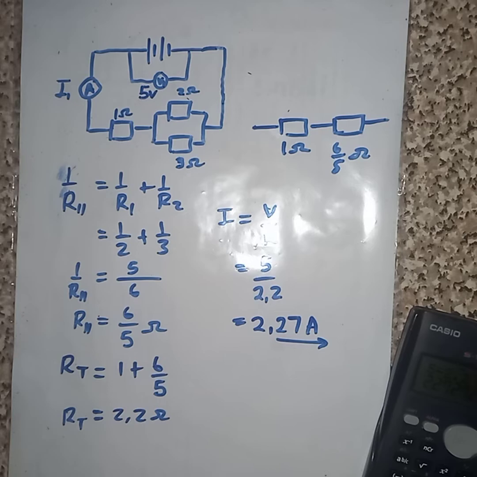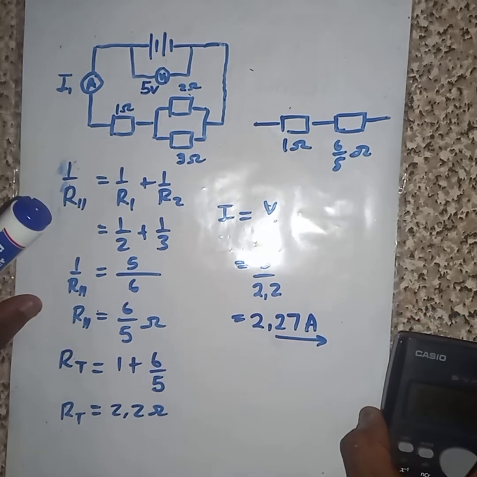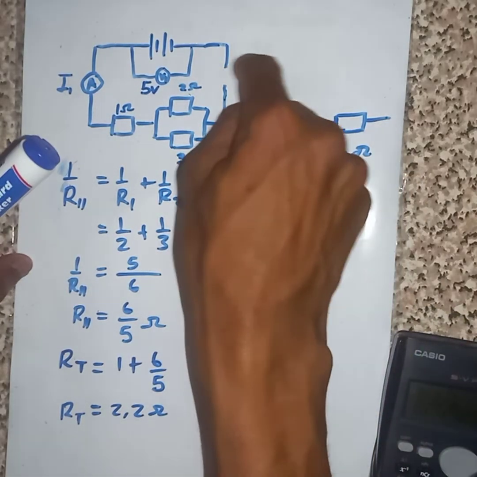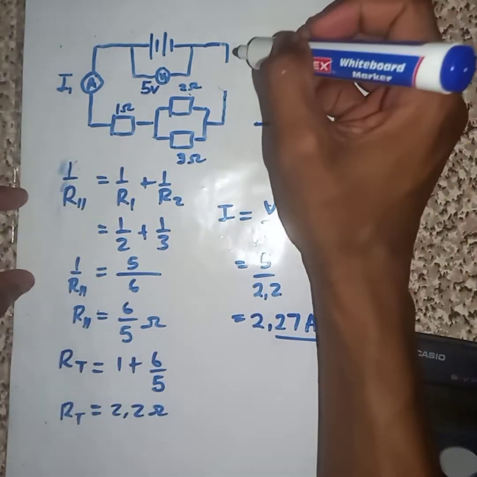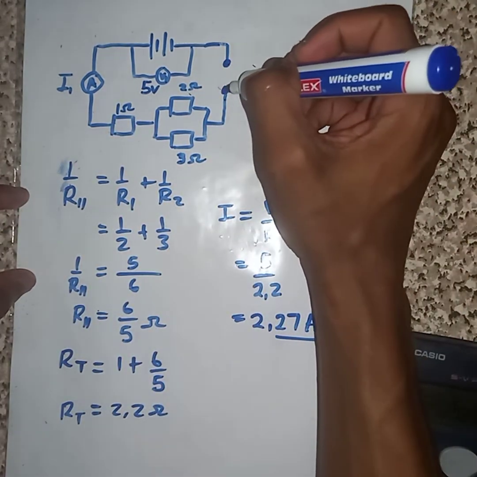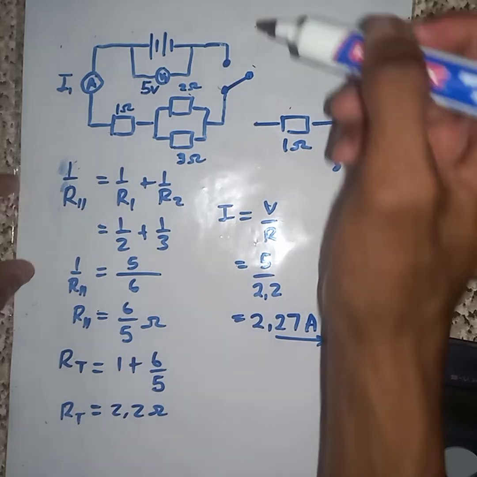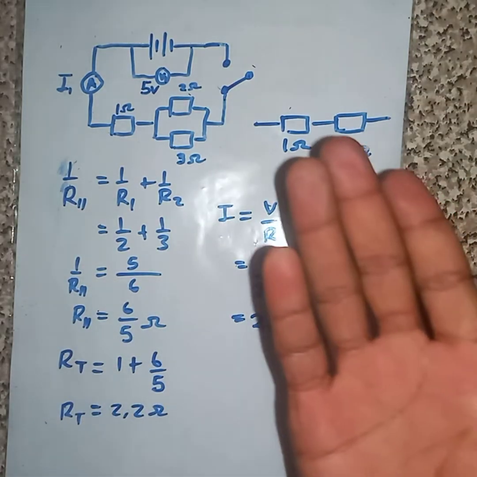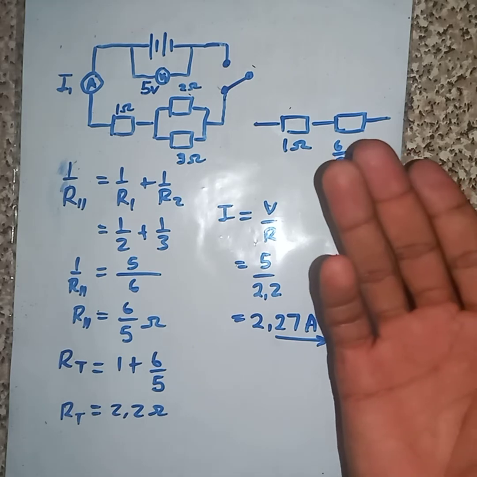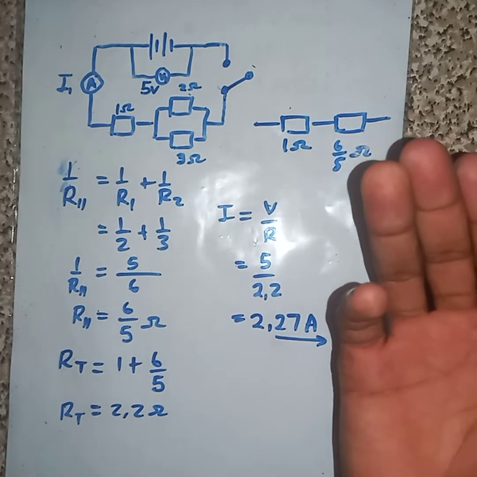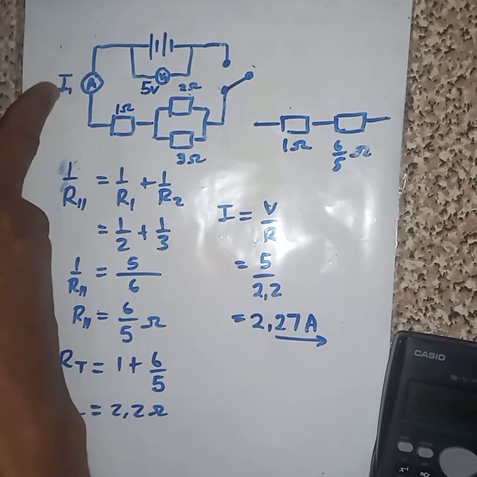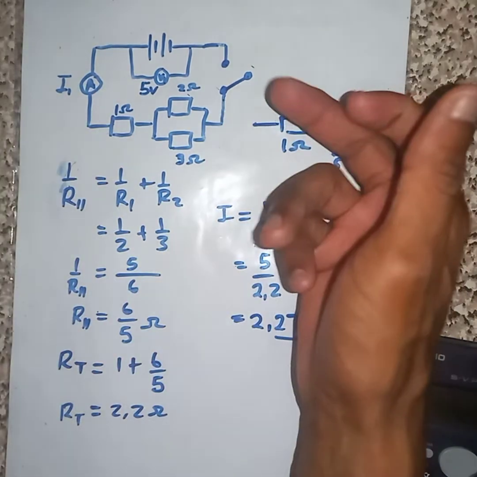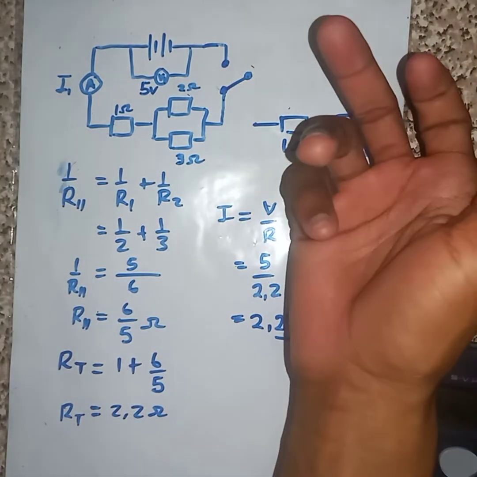Then, can I ask you a question? Suppose our circuit was not closed there, let's say we had an open switch like this at the beginning. Let's say I were to give you it like this, then ask the value of I there if this circuit is open.